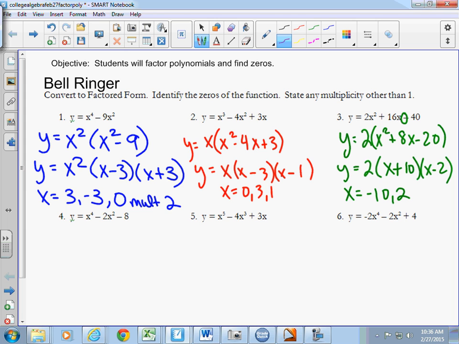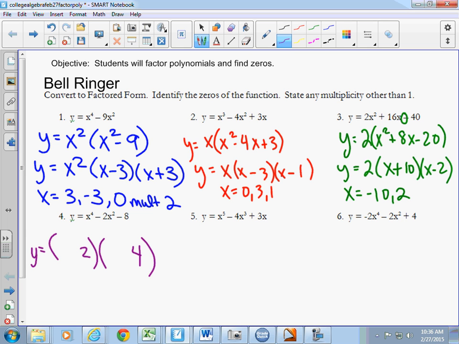Okay. The next one does not have a greatest common factor. There are 3 terms, so I'm going to try to factor it, unfoil it. It is a little different, so we'll see if it works. Factors of 8 that subtract to give you 2. 2 and 4.